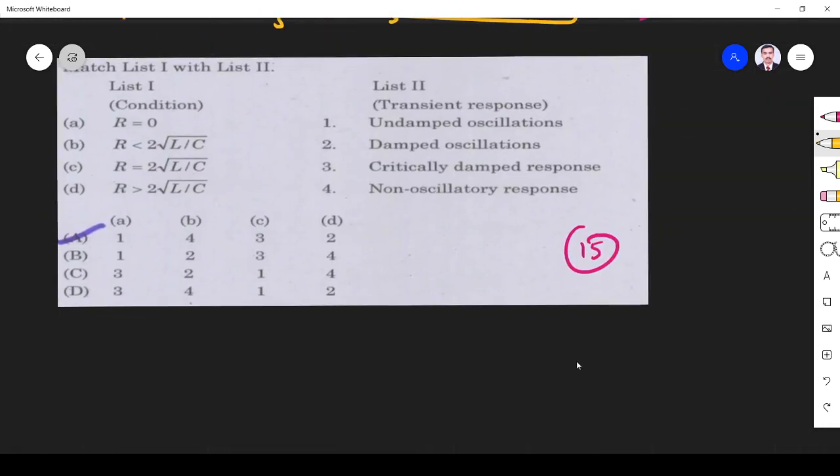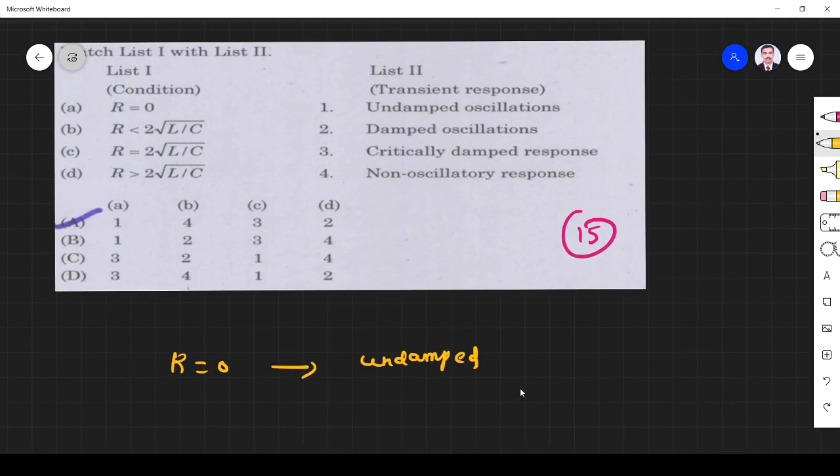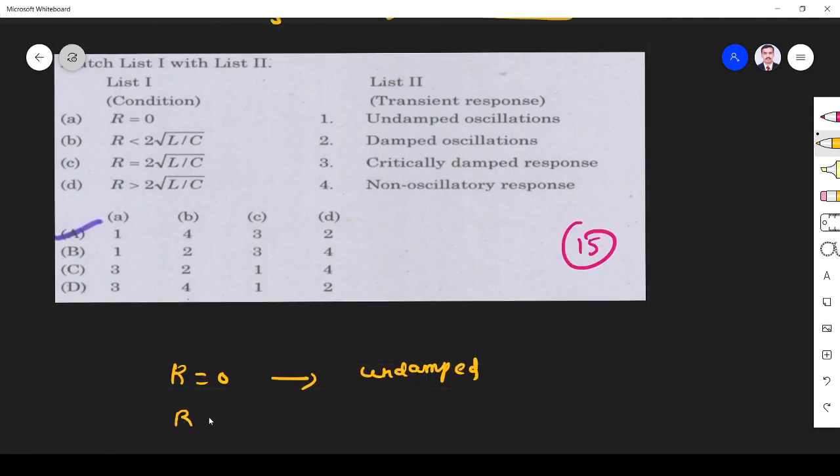Next one, match the list. Here they have given the RLC relation and what you call the response of the system. So this is a very important question. From this we understand, when R is equal to 0, it is an undamped system. When R is greater than 2 root of L by C, it is damped oscillation.